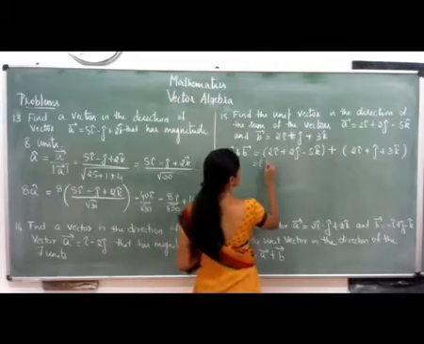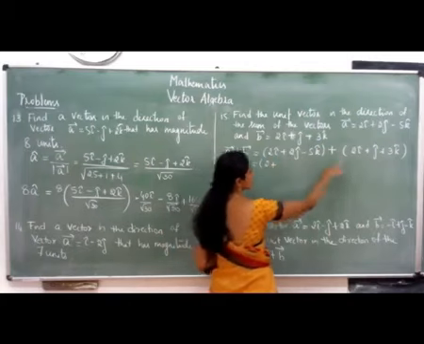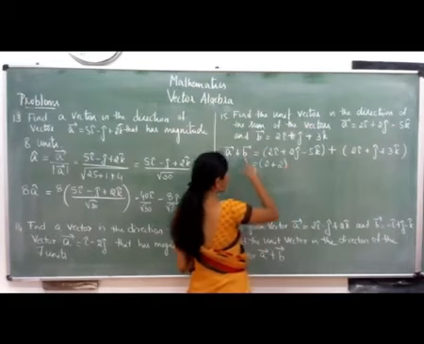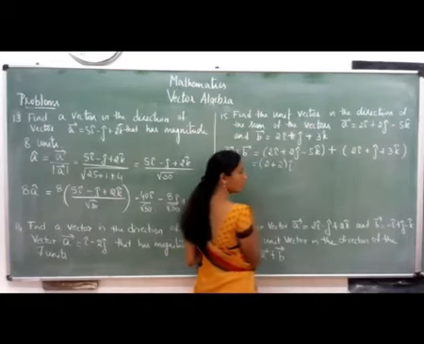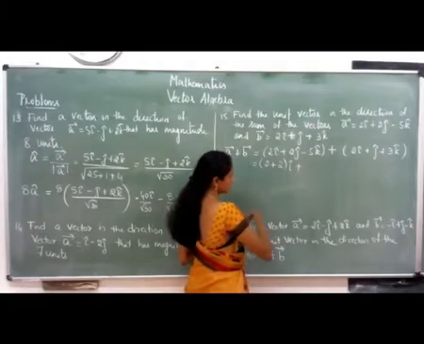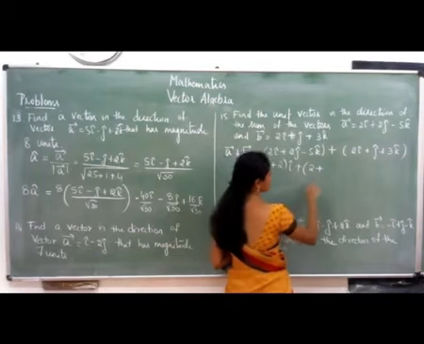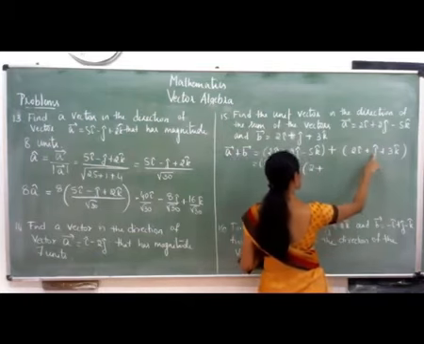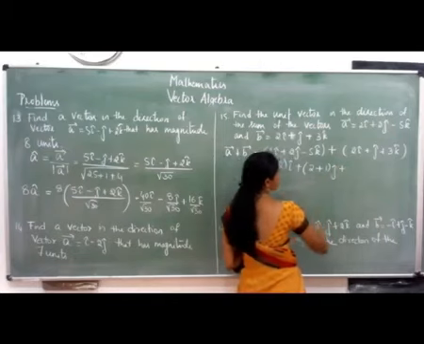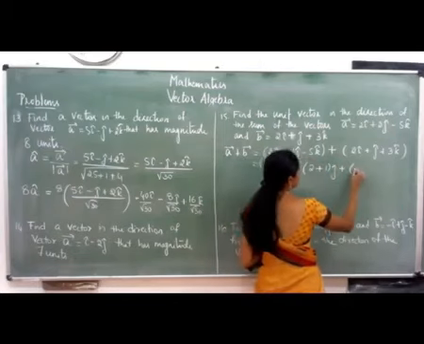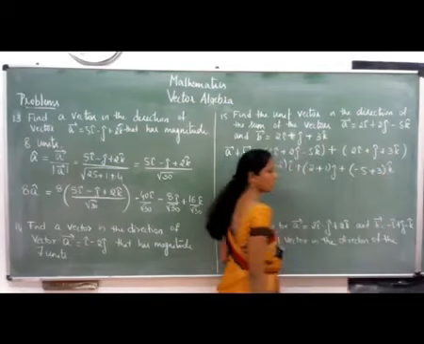So here it will be 2 plus 2 into i cap, plus 2 plus 1 into j cap, plus minus 5 plus 3 into k cap.